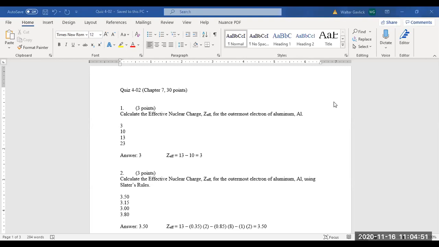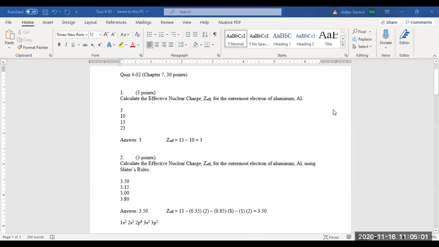Okay, so for quiz number 4, which covered chapter 7, the first question: calculate the effective nuclear charge for the outermost electron of aluminum. To calculate effective nuclear charge, you want to take the atomic number, and for aluminum, that's 13.